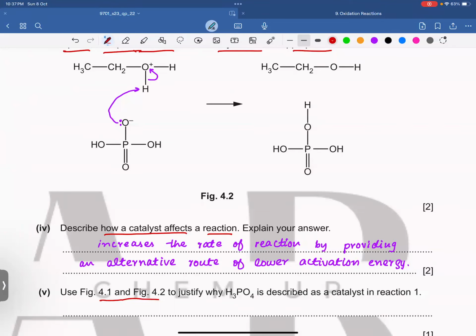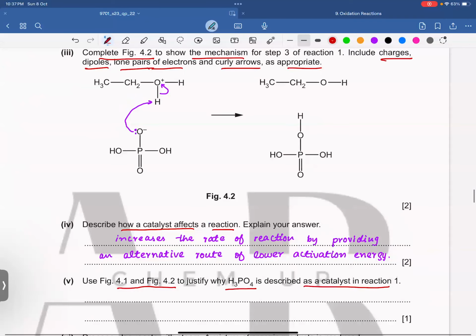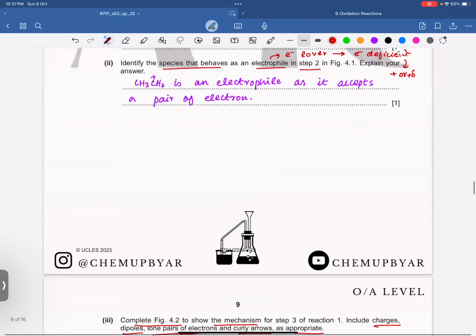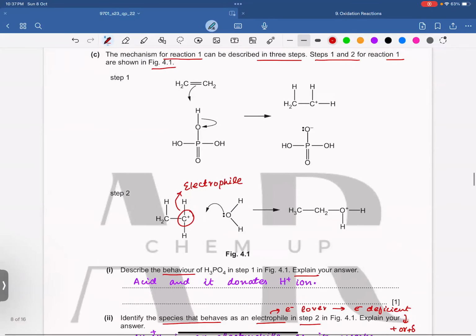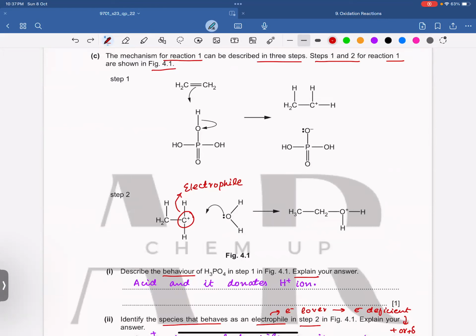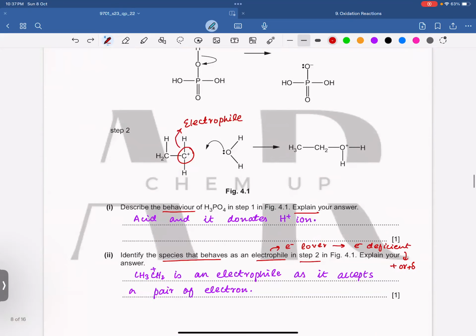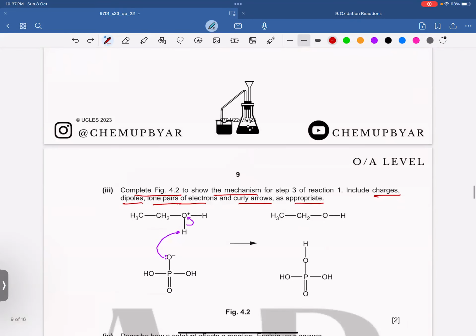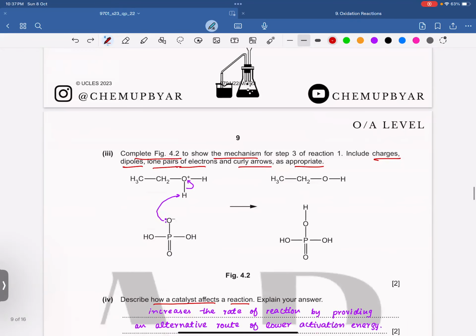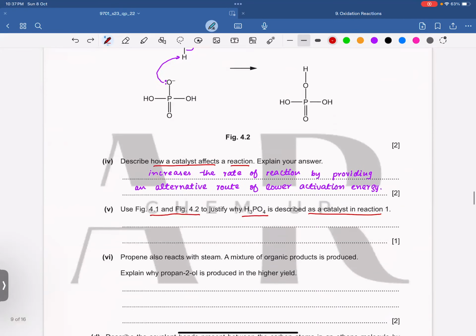Use figures 4.1 and 4.2 to justify why phosphoric acid is described as a catalyst in reaction 1. So if you see in figure 4.1, initially we have phosphoric acid which is being used, taking part in the reaction, and at the end of the reaction it is reformed. So that reformation indicates that it is a catalyst.